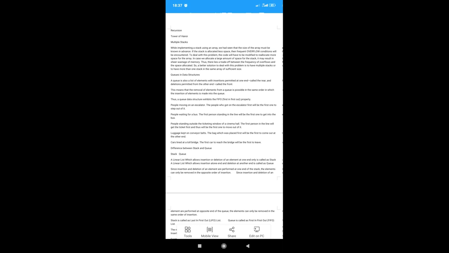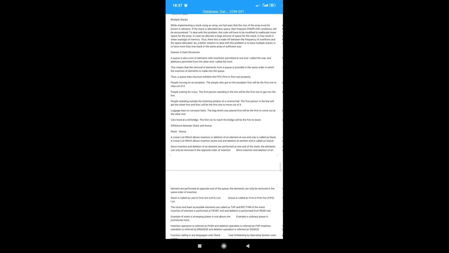I mentioned four types of data structure: array, stack, queue, linked list.